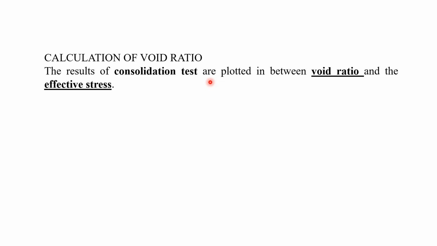Likewise, we have doubled the values, and for each stage, for each pressure, we have gone for the experiment that takes 24 hours, for one pressure, that means one load which you are going to put on the hanger.